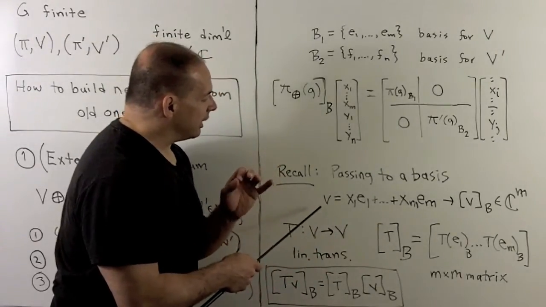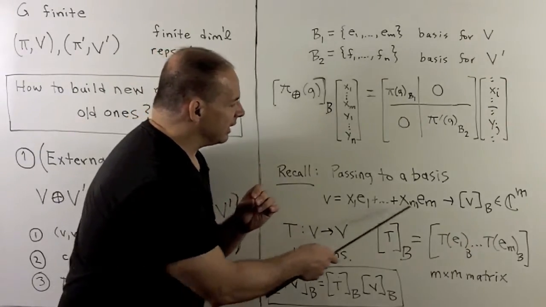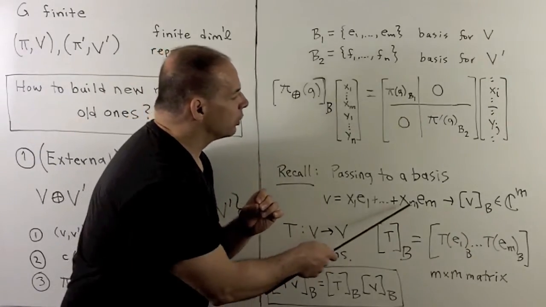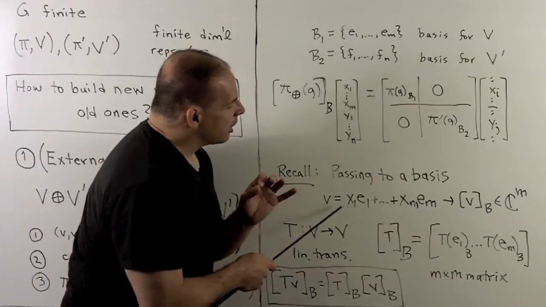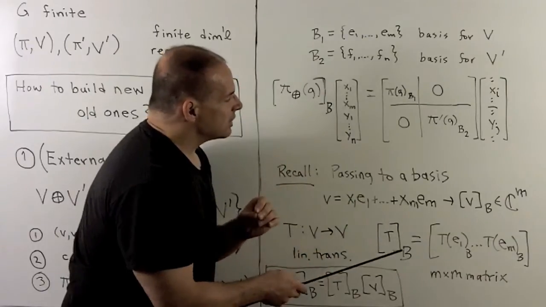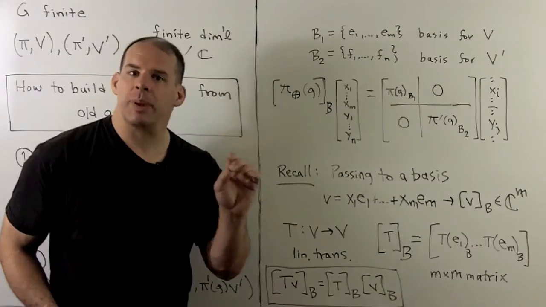Then I could write each element in our vector space, say v, as a linear combination of the e's, say x1 e1 through xm em. Now, if we peel off the x's, that's going to give us a vector in C^m, which I call the coordinate vector for v with respect to the basis B.